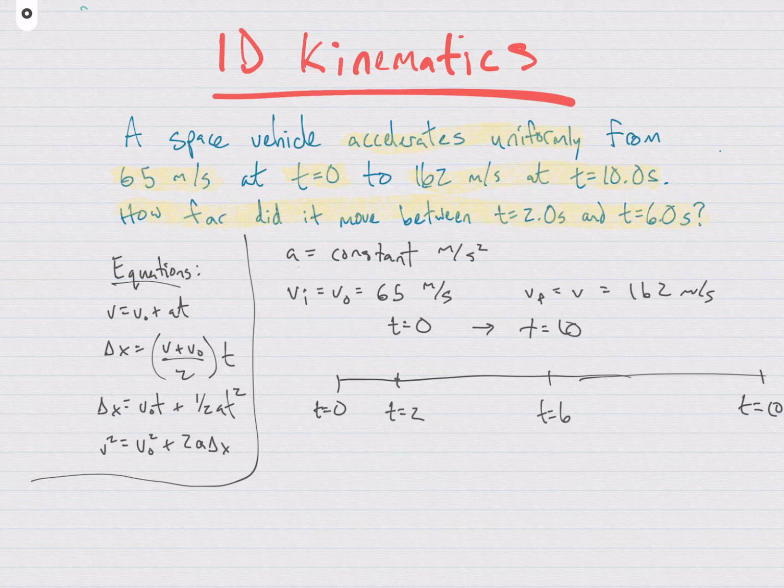It's not exactly up to scale, but it gets to the point I'm trying to express. What we want to find is these two distances here, but to find that, we're going to need the entire distance from t equals 0 to t equals 10.